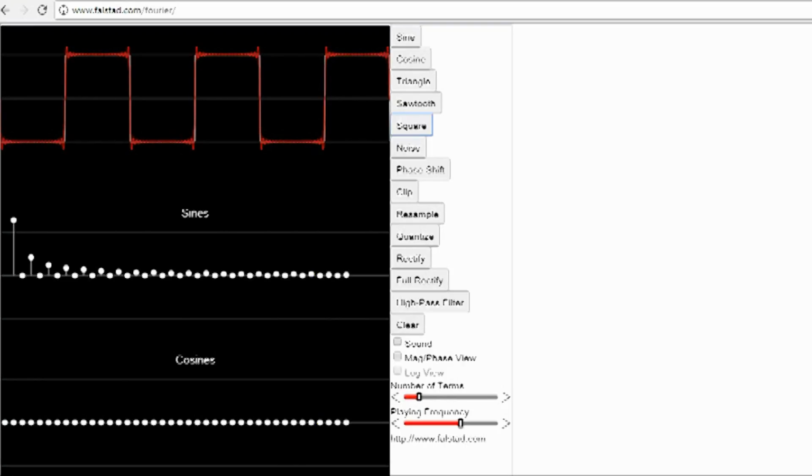And as expected, all the cosine terms are found to be 0, and when I point to these individual coefficients, you can see in yellow the waveforms corresponding to that harmonic. So this is the first harmonic, this is the third harmonic, this is the fifth harmonic, seventh harmonic, and so on. And all the even harmonics of sine are also 0.